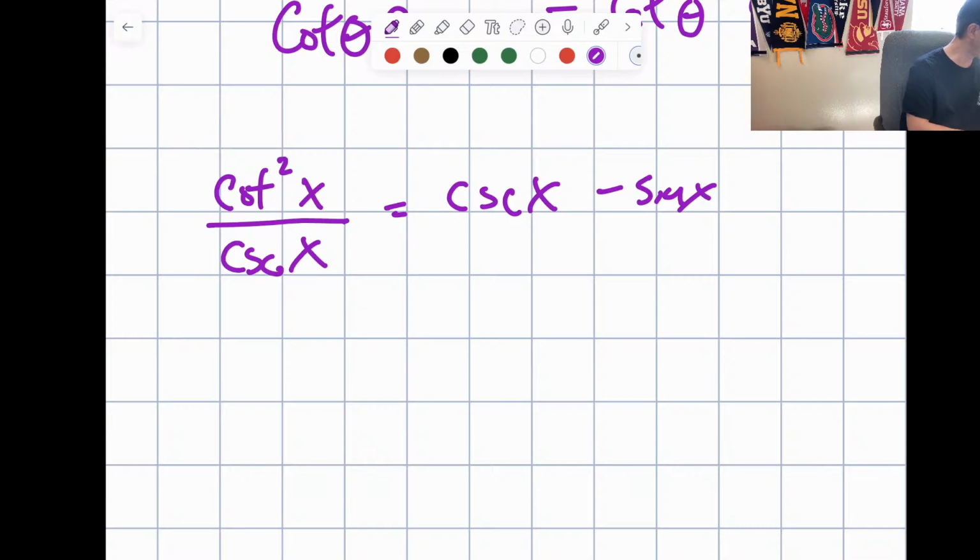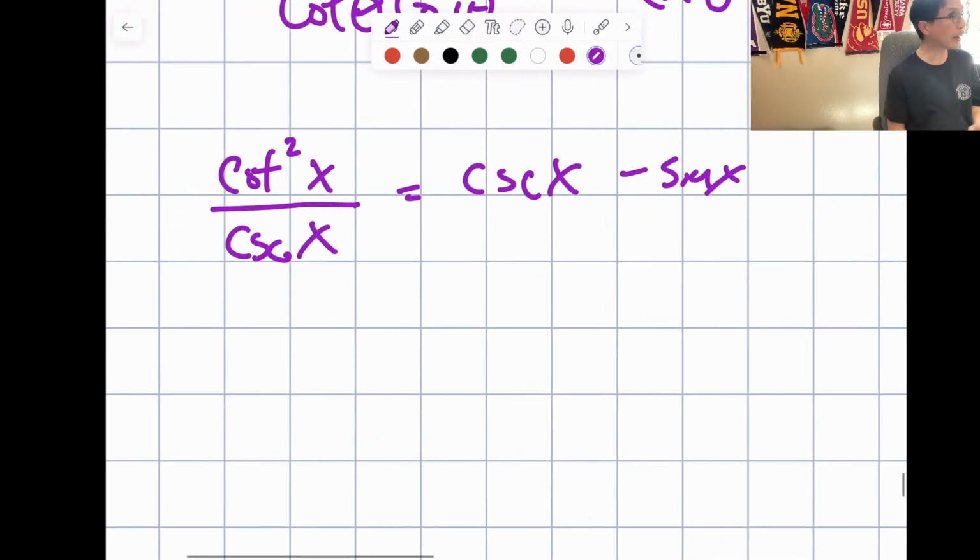So let me make sure I write down the question right. Cotangent squared of x over cosecant of x equals cosecant of x minus sine of x. That's a good question to start off.